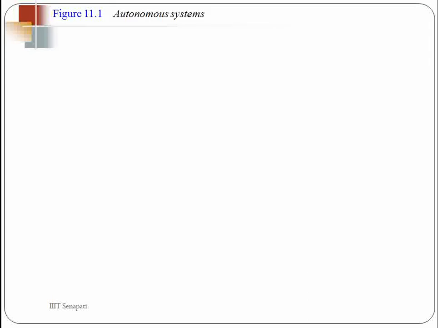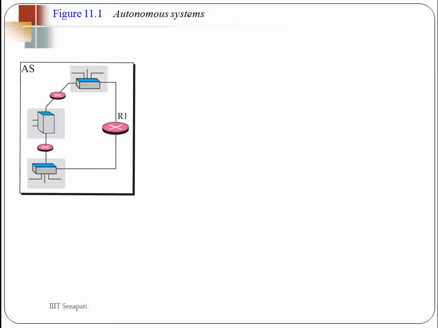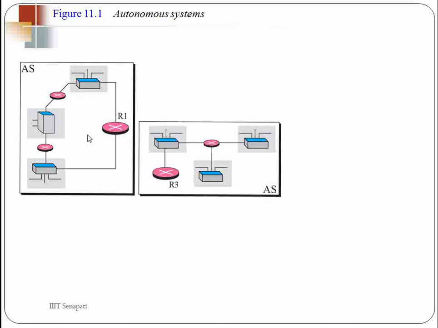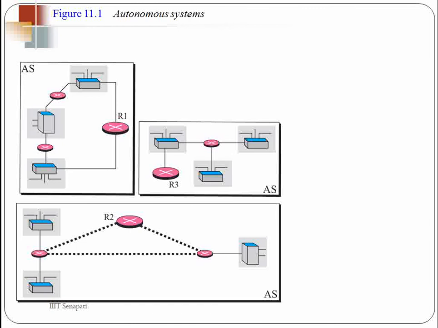Let me show you the image. This is an autonomous system. You have several routers inside this, and if you have to route the packets inside this autonomous system, you will have a certain protocol. And if you have more than one autonomous system and you need to transmit data between these autonomous systems, then you will need some protocols.